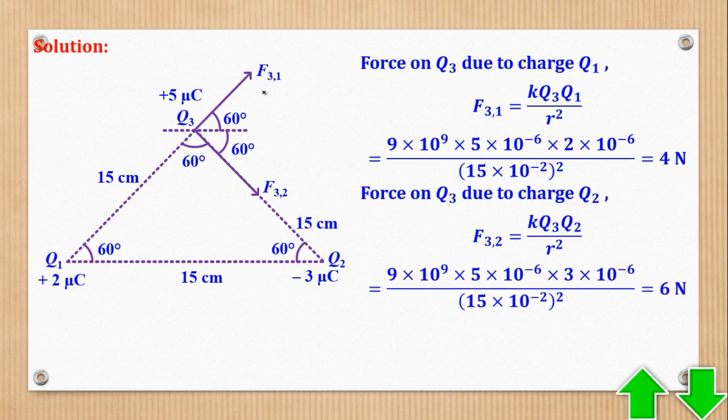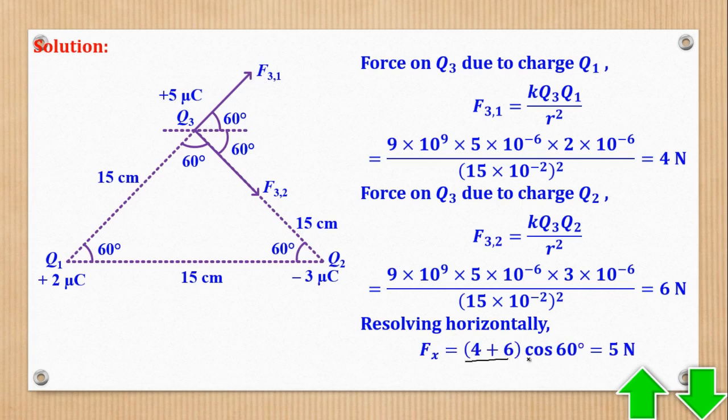Now next we have to resolve. So resolving, I resolve horizontally. This one will be this cos this and this cos this. All are going to the right, meaning they will be positive. So it will be this plus this, because all of them have cos, that's why we have put it outside. And it will be 5 newtons.